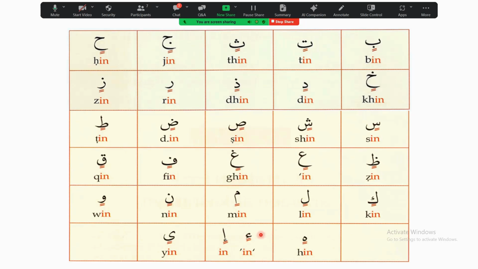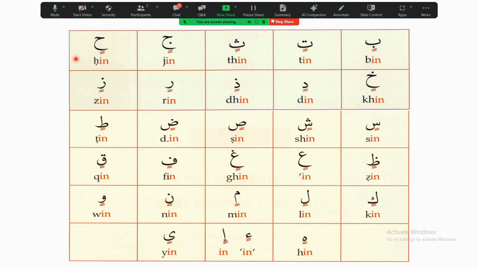The same sounds here because both are hamzas, okay? In and yin. So all of these examples, what you just do is take the sound of the letter, the ba letter, ta letter, tha letter, and you just attach the sound of in at the end of all of these kasratain examples, okay? So you see in written at the end of all of these because they have kasratain below them.